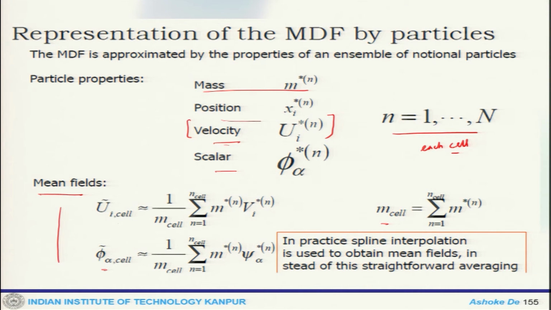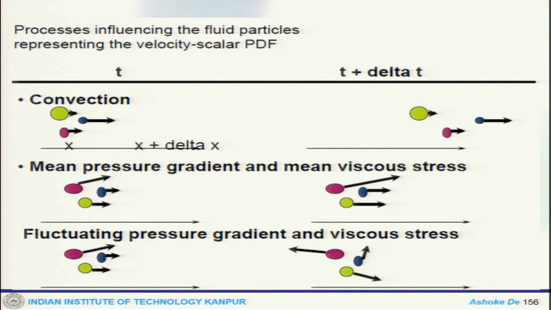There is a simple interpolation which is used for averaging and so on. One can use some more complicated interpolation. Now, we will quickly look at how the particles would react to different kinds of phenomena. There will be convection, so the particle will move and change its position with time. There is a mean pressure gradient and mean viscous stresses, so they will be exposed to different stress components.